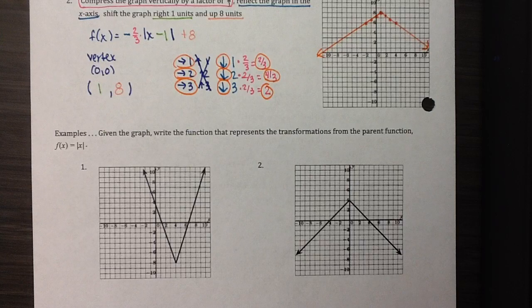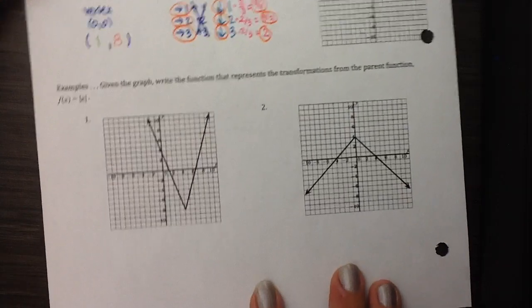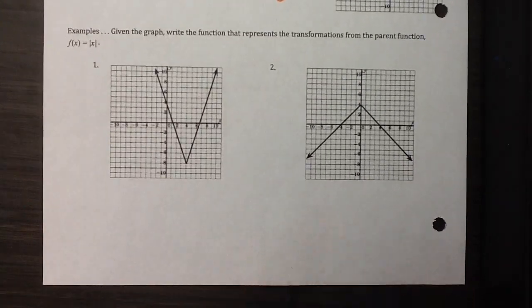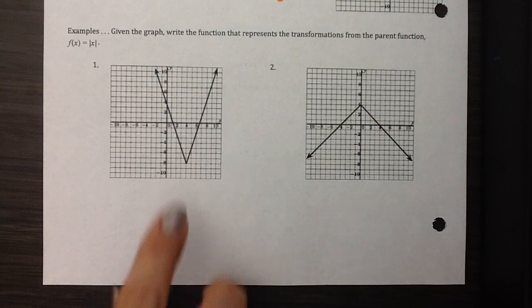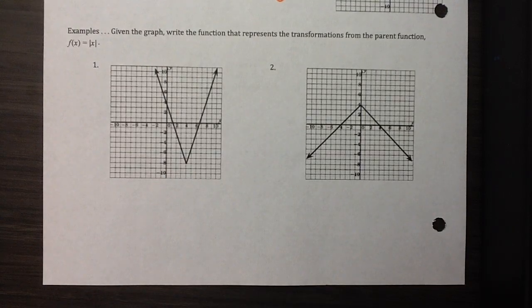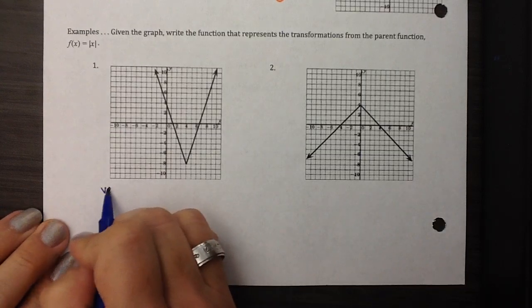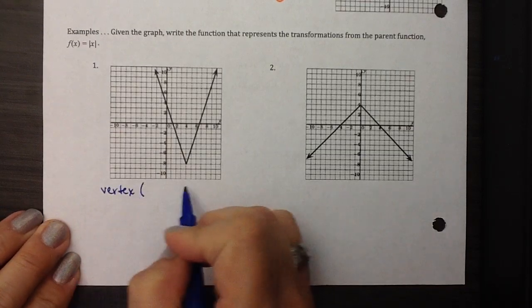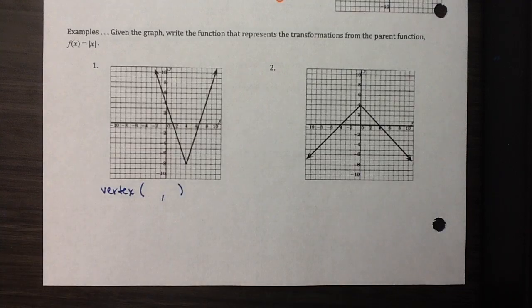Okay, now we're going to start from the graph and write the function that represents the transformations. So let's look at what transformations we have in this graph. Well, remember normally our graph starts with a vertex at 0, 0. But that's not where this vertex is.